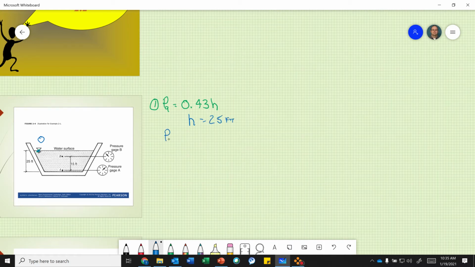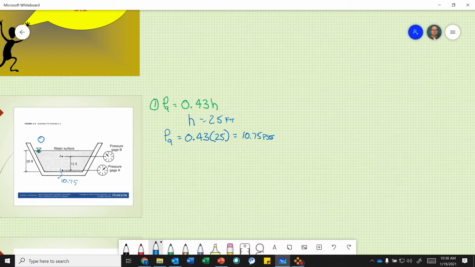So the pressure at A equals 0.43 times 25, and my units are PSI. So I'll take a calculator here. 0.43 times 25, and I get 10.75 PSI. So if I'm standing at the bottom of that, I get 10.75 PSI.